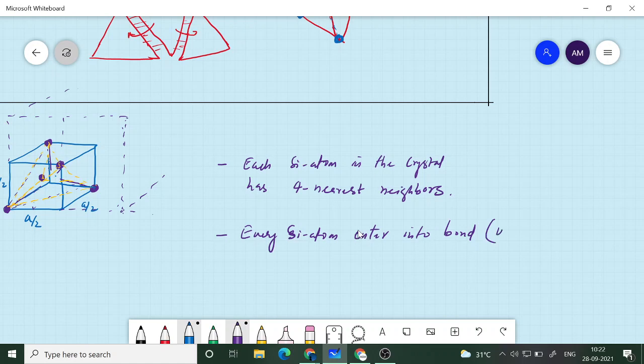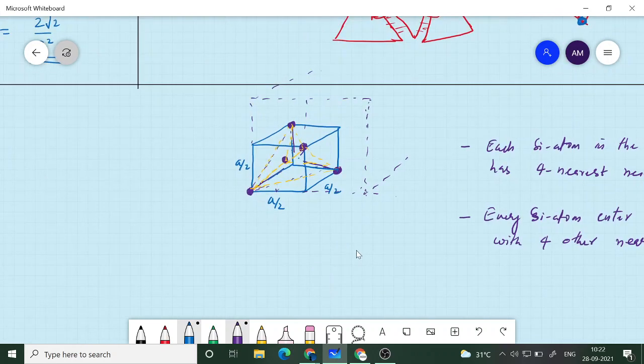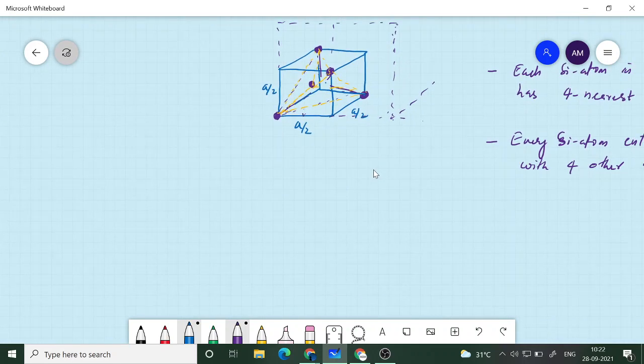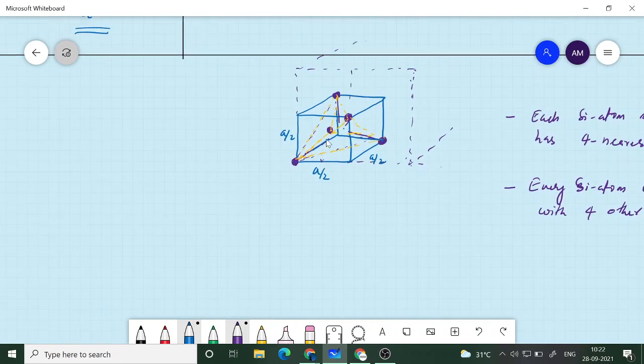It is basically a covalent bond with 4 other nearest neighbors. So you can represent this in a 2D manner, okay. In this 3D picture, the bonds are coming in a tetrahedral way.